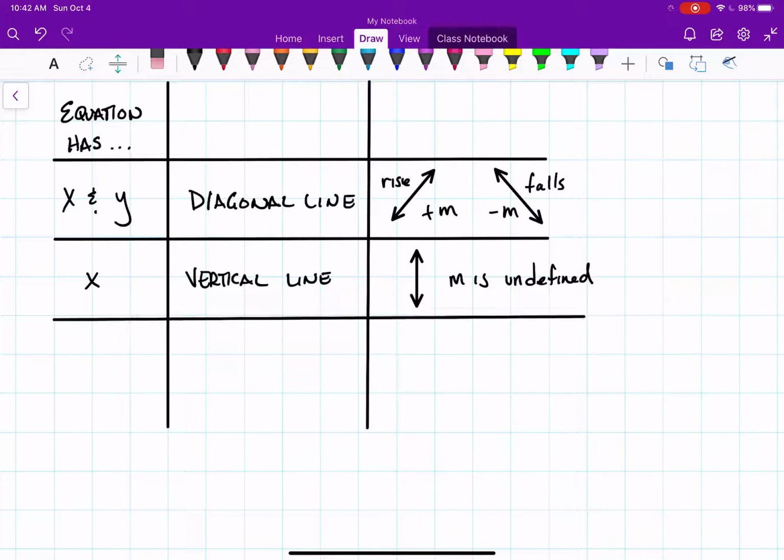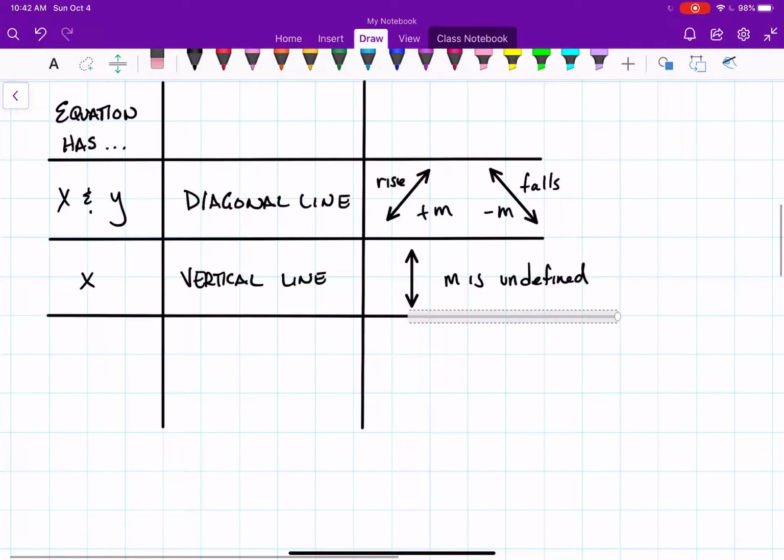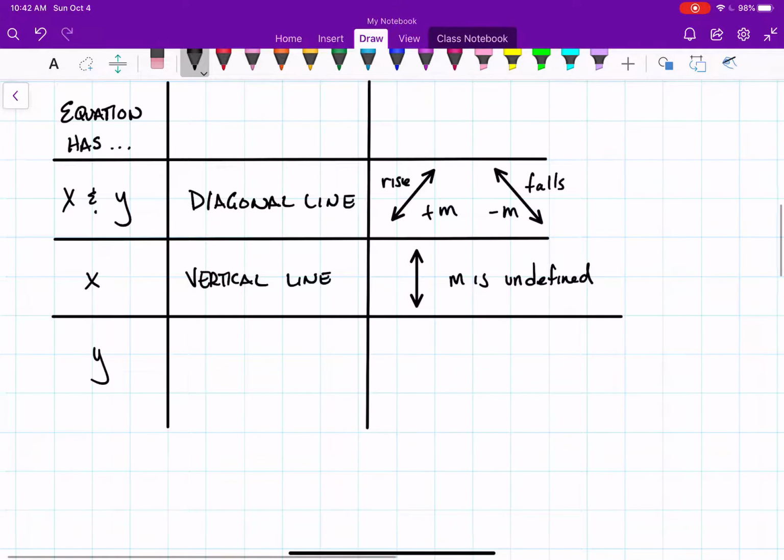And again, if we have only a y value in the equation, then we have a horizontal line, which we know has a slope equal to 0.